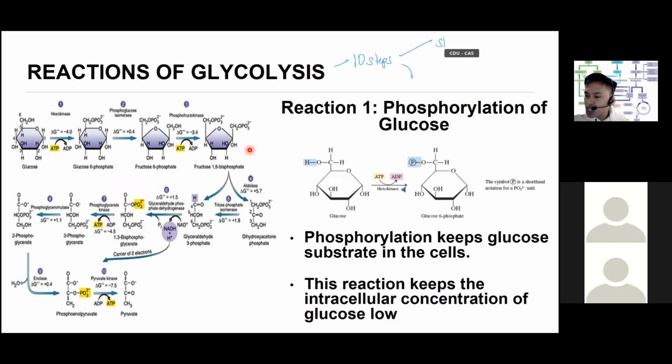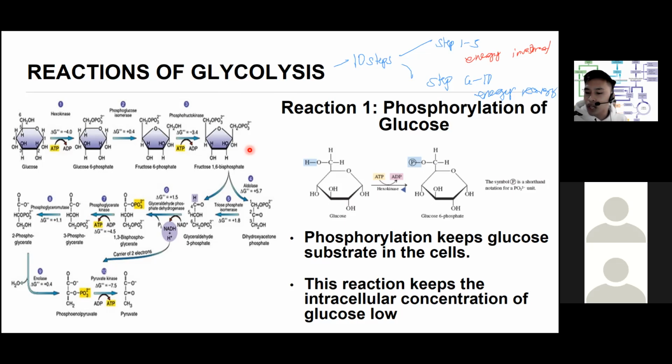Steps 1 to 5 are known as the energy investment, while steps 6 to 10 are known as the energy recovery. So what do I mean by this?